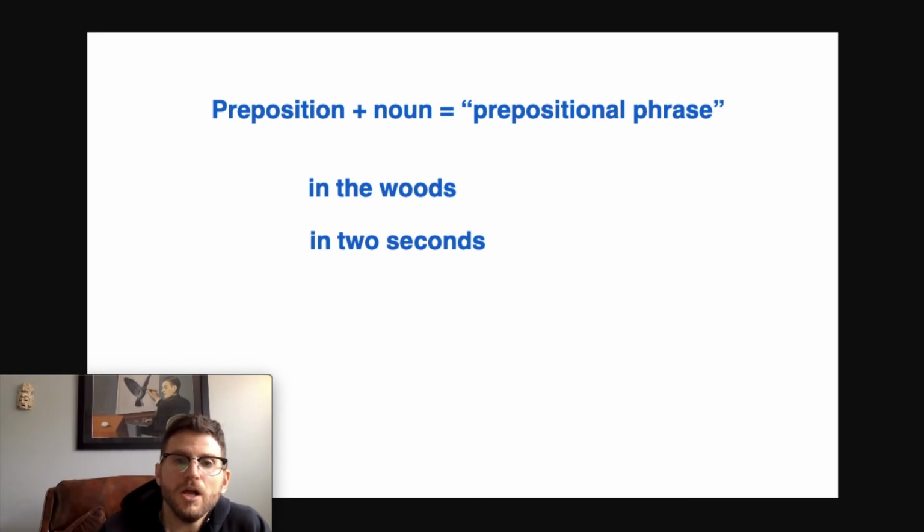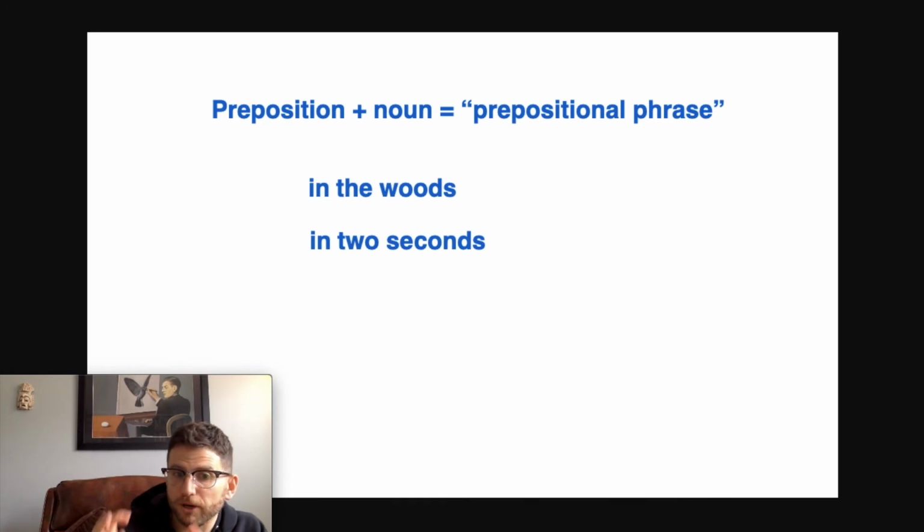Now, a general rule when it comes to prepositional phrases, or modifiers in general: I can do a whole separate video on modifiers if you want, let me know, because modifiers are not just prepositional phrases. Modifiers can be single words as well. But the rule when using any modifier in an English sentence is you want that modifier to be as close to the word it is describing as possible.